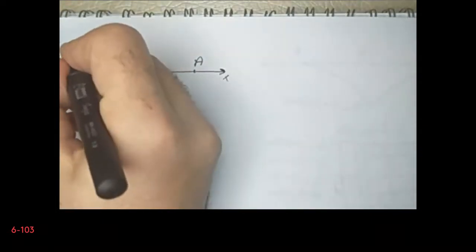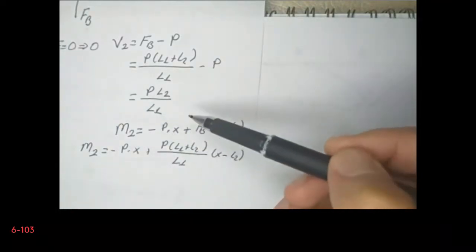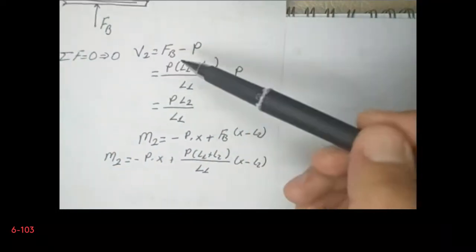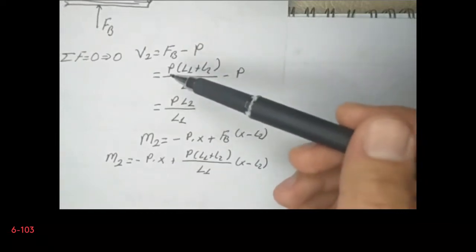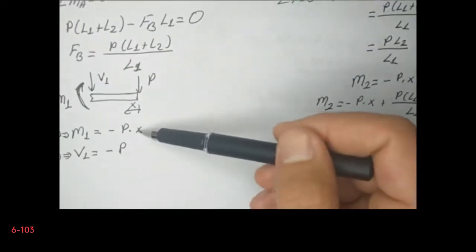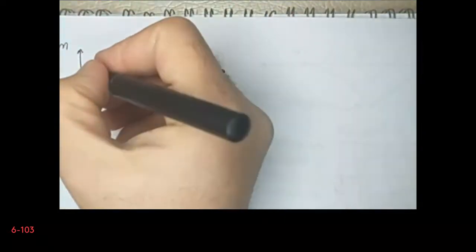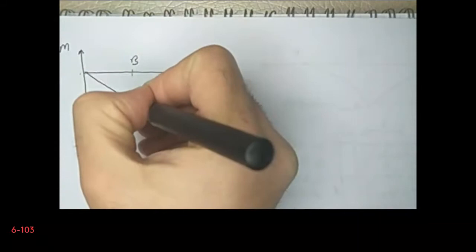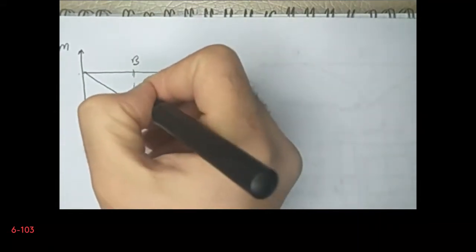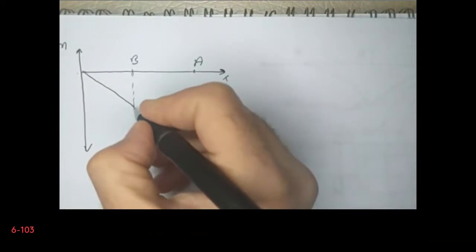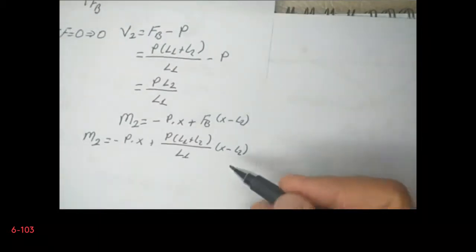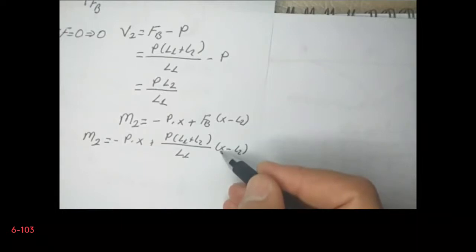Now in the first region, M1 is acting, and M1 is minus P multiplied by X. It is something like this, and then it will tend to decrease. So when X is equal to L1 plus L2, this expression will vanish.